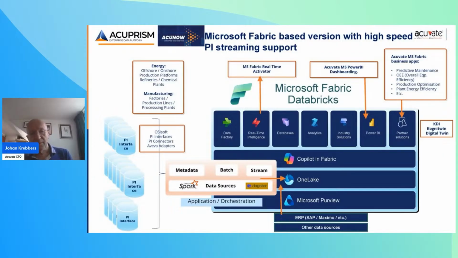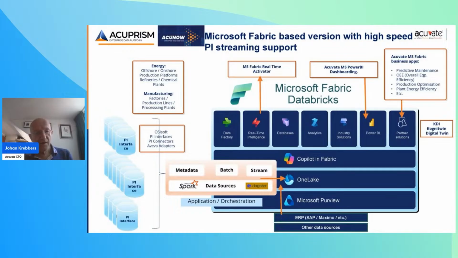Once you have real time in Fabric, you can apply AI to that: machine learning, machine vision, whatever AI you want to do to that data. So in Fabric, we store all our historical OT data, our current data, our historical data from many, many years back, all stored in the Fabric environment.